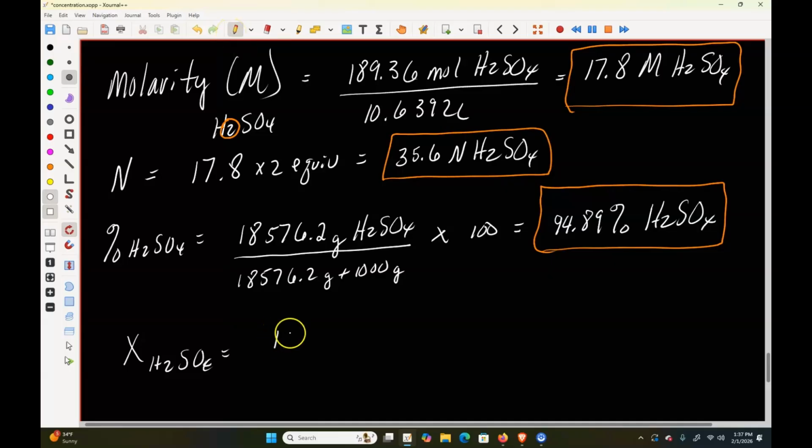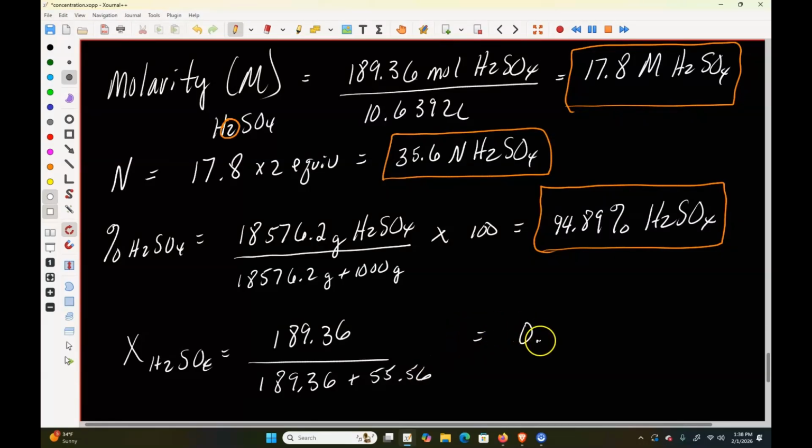It'd be 189.36 divided by 189.36 plus the 55.56. That's going to give me 0.773 for my mole fraction.